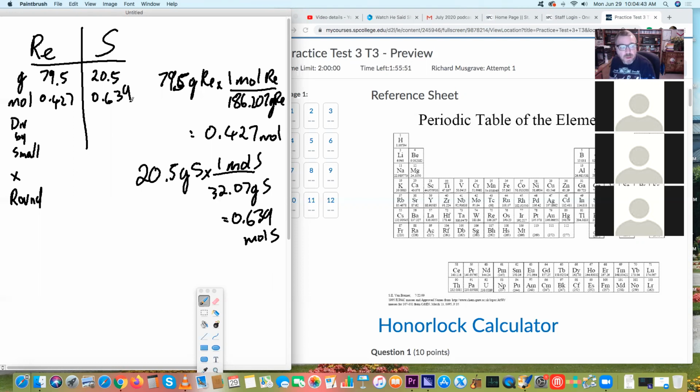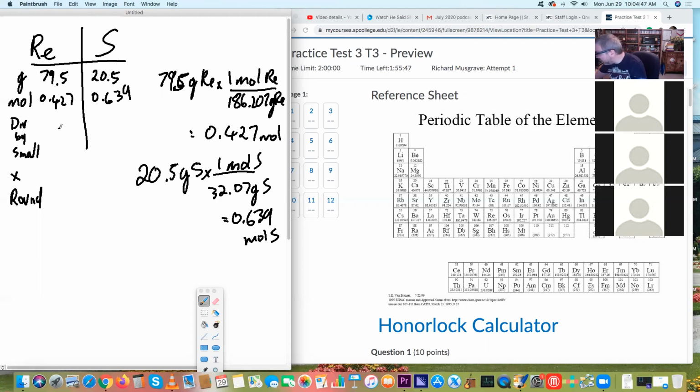So what I will do is divide both of these by 0.427. And what I'll get is, of course, 1 here. And 0.639 divided by 0.427 is going to be 1.50 over here. So that's what I'm going to have for my mole ratio of Re to S so far.